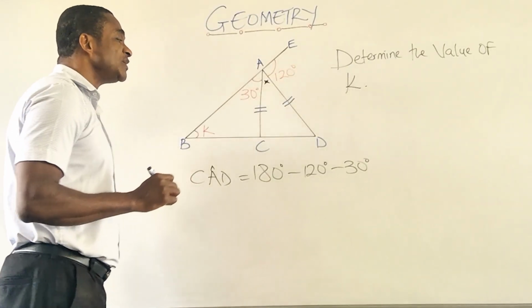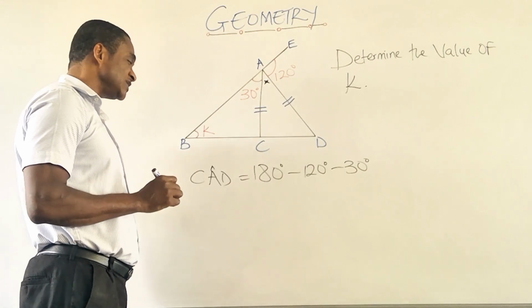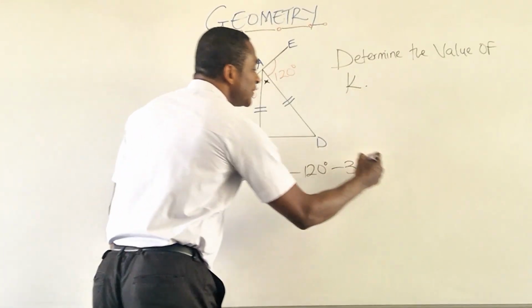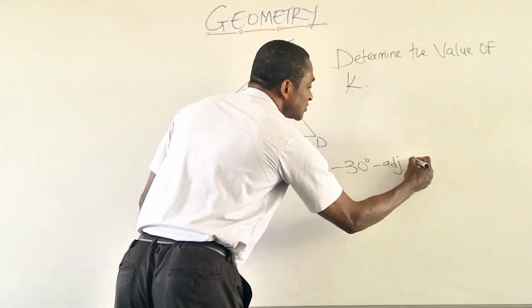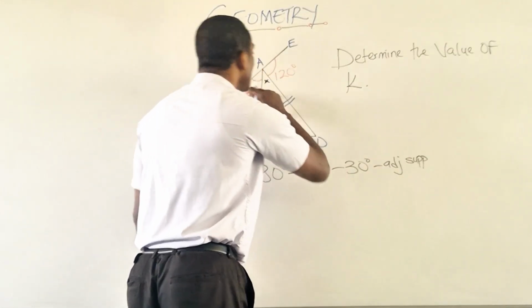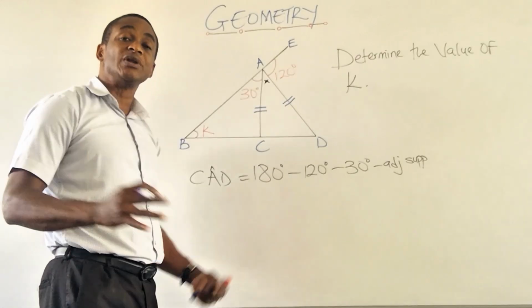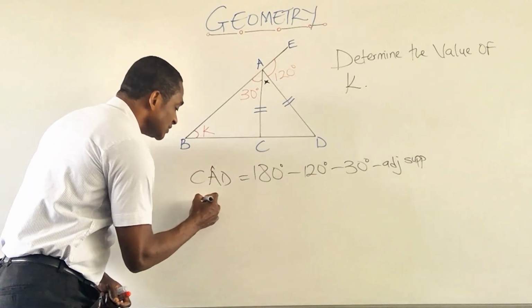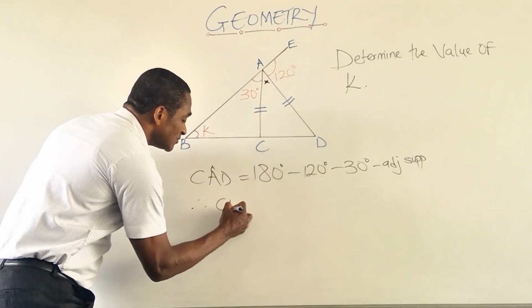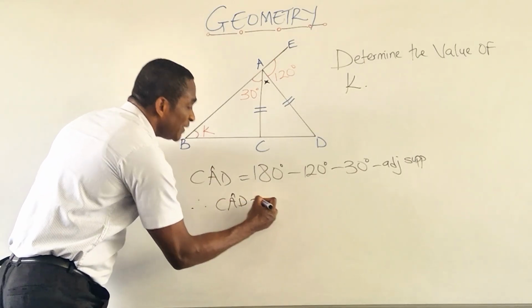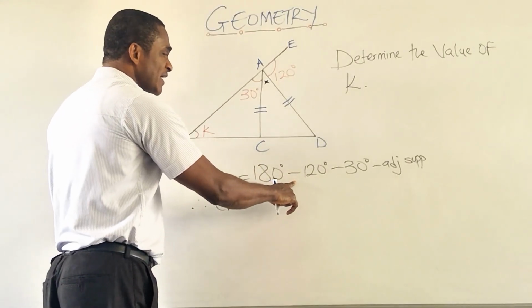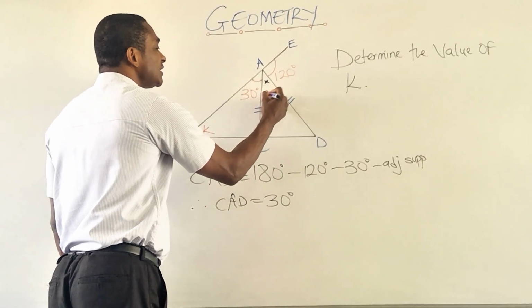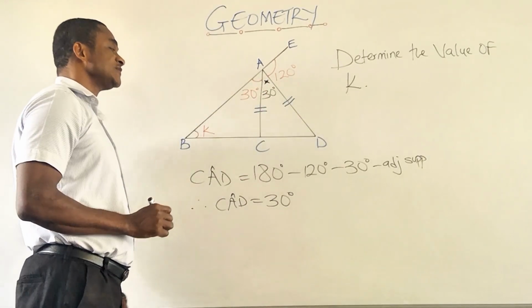And because this is geometry, we must include a reason in everything we do. So our reason will be adjacent supplements, because supplementary angles that are adjacent to each other on a straight line sum up to 180 degrees. Because of that, our angle CAD will be 180 minus 150, and that is 30 degrees. So this angle is 30 degrees.